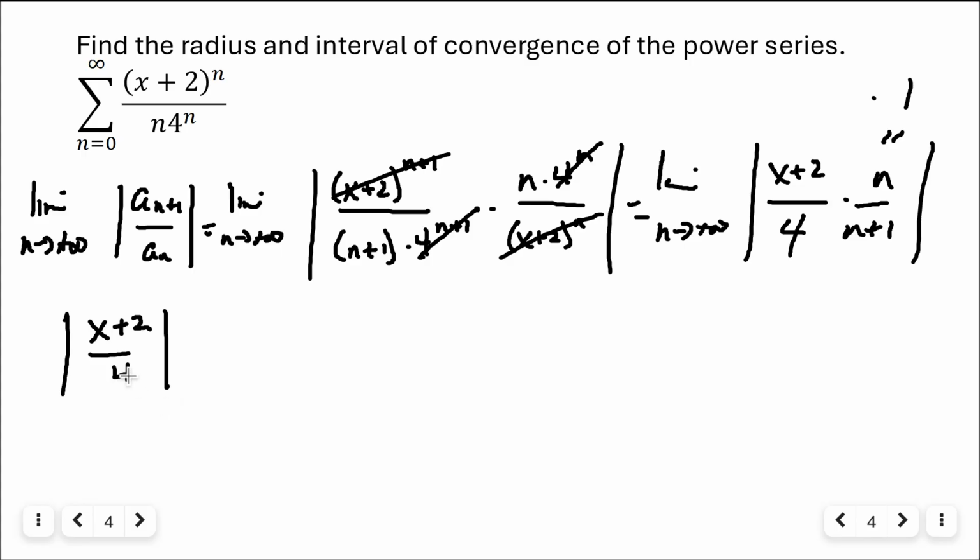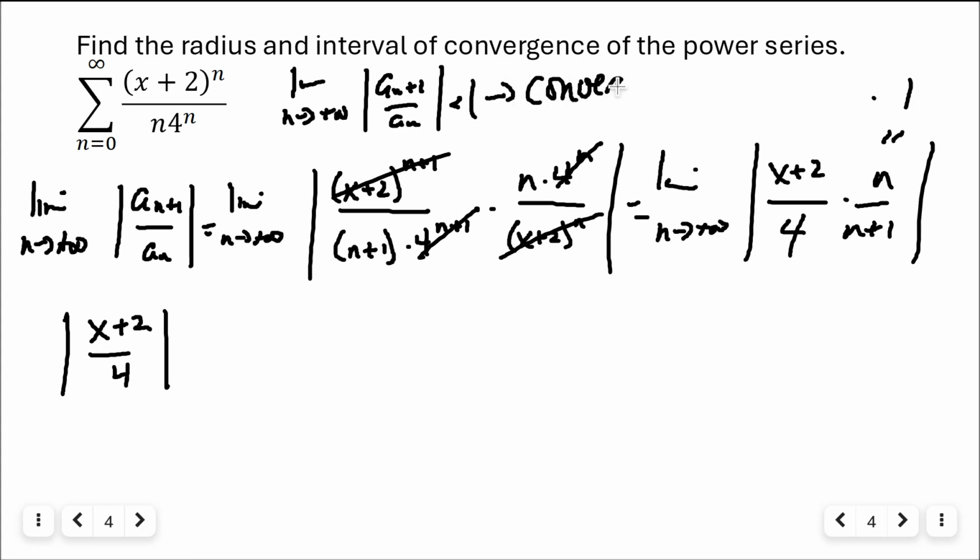But again, I'm trying to use the ratio test to determine the radius and interval of convergence, to figure out where this converges. So the question is, what does the ratio test tell us about convergence? Well, the ratio test says that if the limit as n approaches infinity of a sub n plus 1 over a sub n is less than 1, it means the series converges.